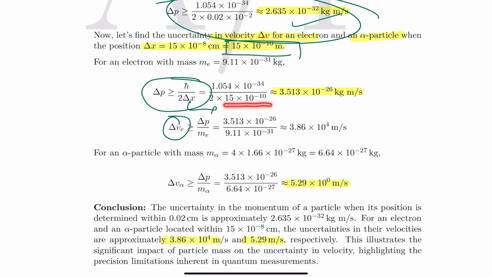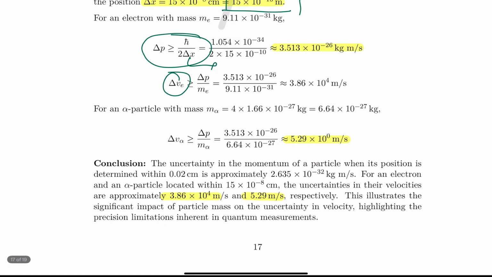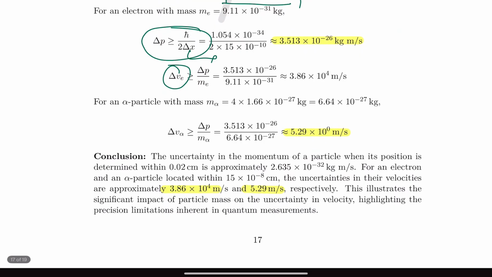So we have written that particular value, and this momentum could be written as delta v_e times m_e. So m_e goes to the right hand side, and when you divide that, you get 3.86 multiplied by 10 to the power 4 meter per second for the electron. And for the alpha particle, the mass has to be different, and that is why the velocity has to be different as well. And then you conclude the whole thing in the conclusion, and this question is solved as well.